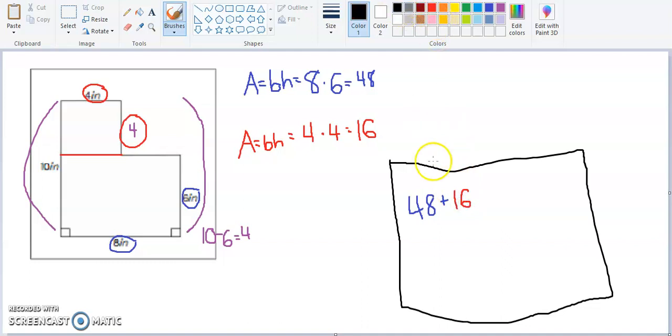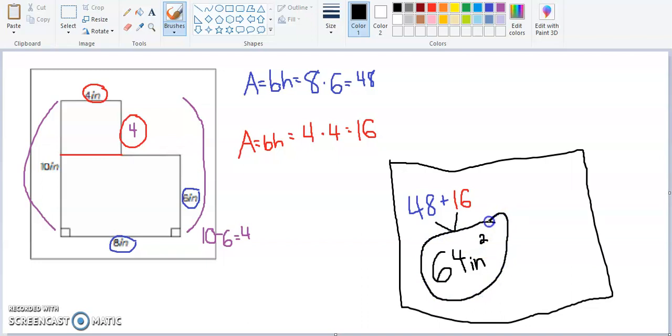When I add those together, I am going to get 64. And they give me units, so I do have to put a label on this one. It's going to be inches. And because it's area, it's going to be squared, or it's going to have my little 2. My final answer for the area of this figure is 64 inches squared.